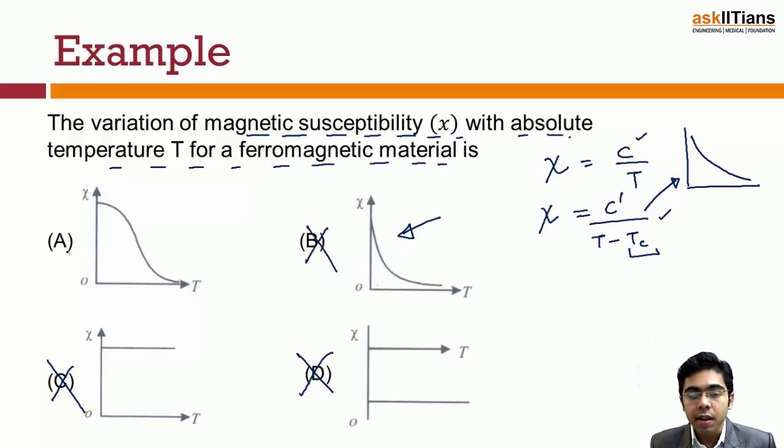So option A is left, which explains that the material has some characteristics, but after the Curie temperature it becomes paramagnetic. It has its Curie point over here, and after that it becomes paramagnetic. So according to this, option A should be correct.